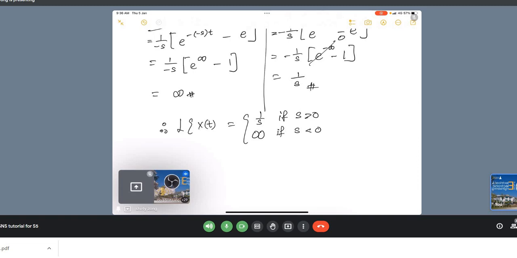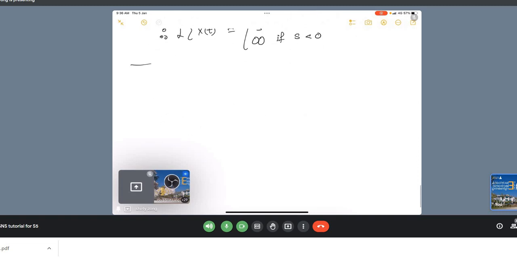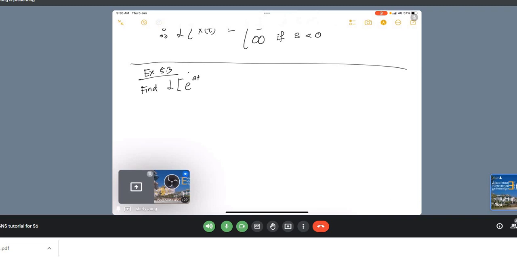Okay, let's look at another example. I just want to familiarize you. So this one is example 5.3. Find the Laplace transform of exponent power of at.